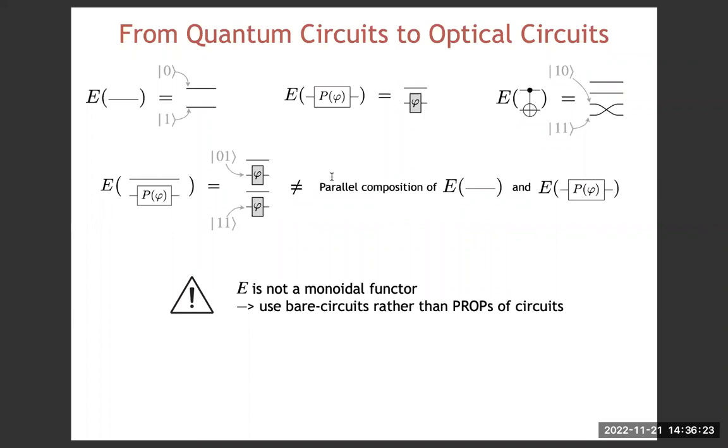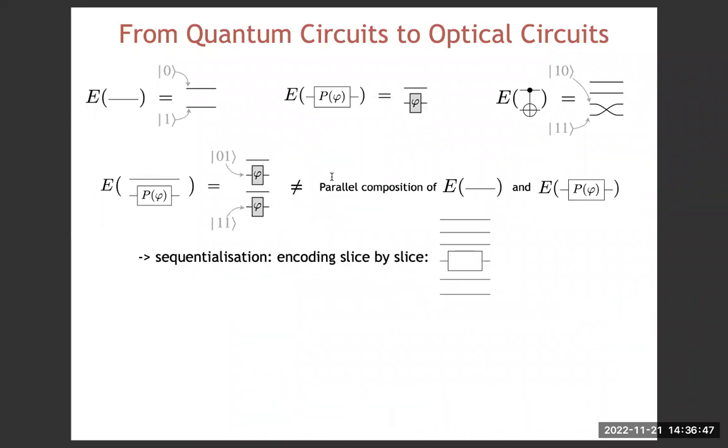You have no equation a priori, and you work with these bare circuits, and you do all the proofs with these bare circuits. I will not go into these details, but if you have a look at the paper, you will see that we are using these bare circuits, which make it more technical.